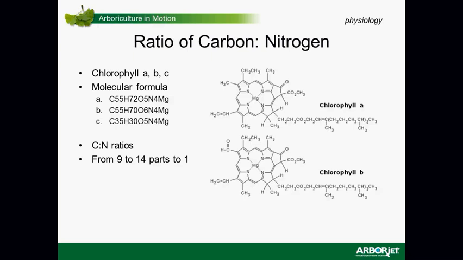So they're good at taking carbon dioxide and water and making carbohydrate, which is a precursor to many metabolic processes within the tree. They do need these cofactors, and nitrogen is one of them. There are others.